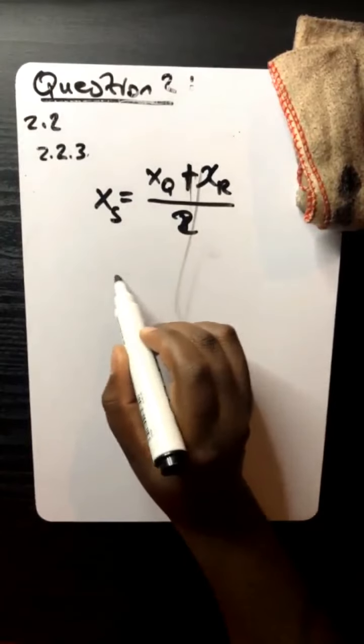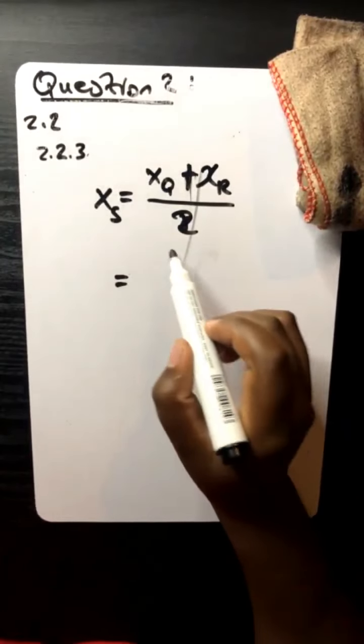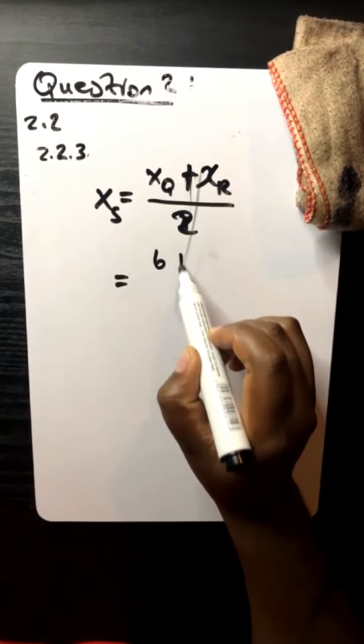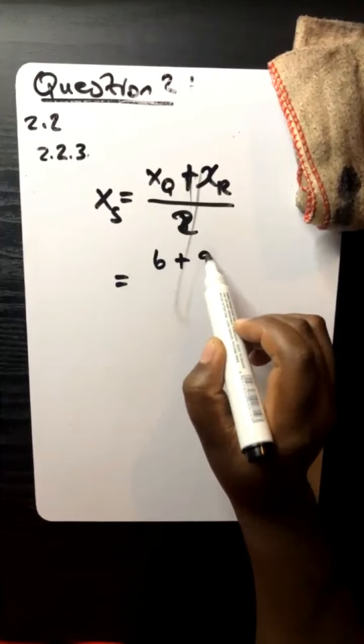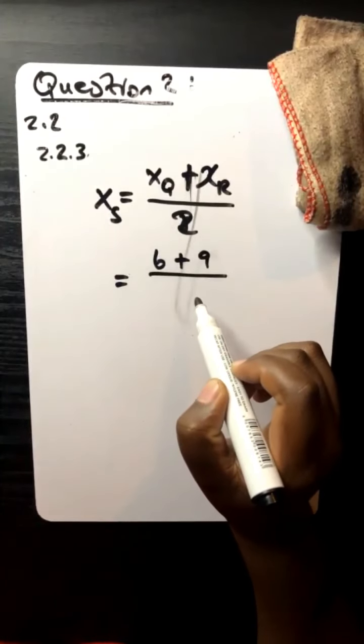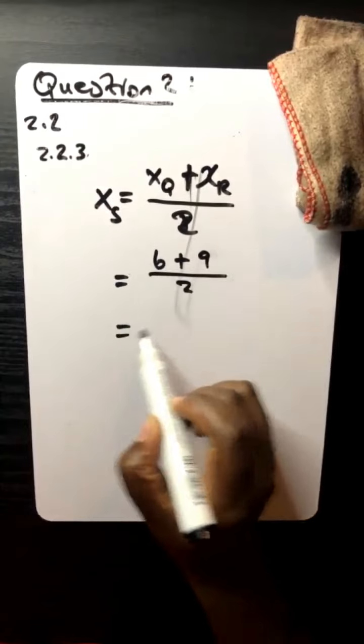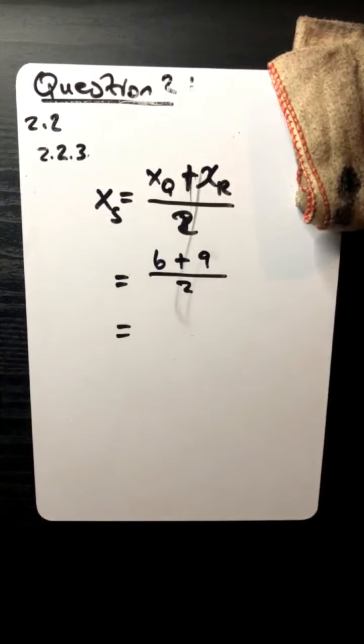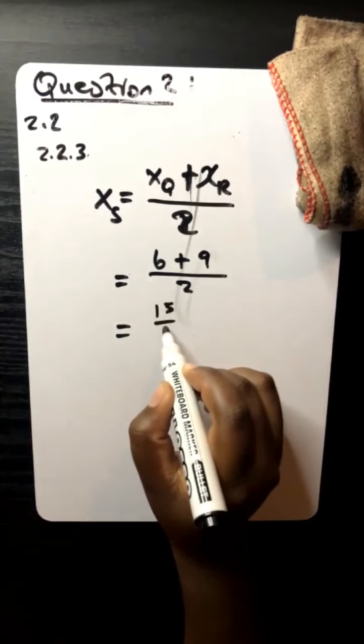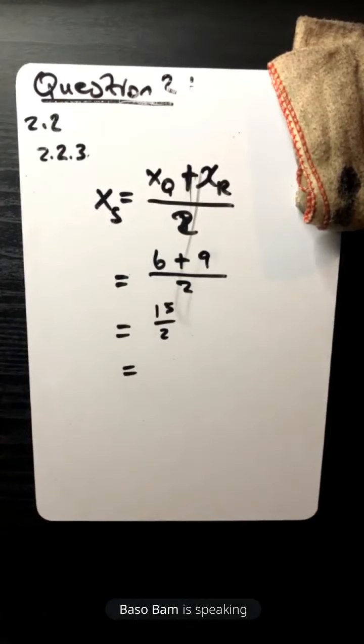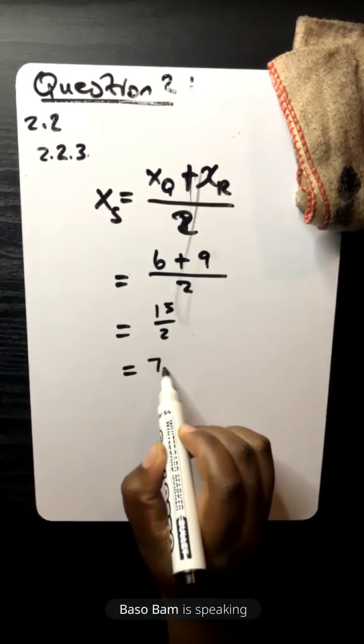So let's see. The x value for Q is 6 plus the x value for R is 9, divided by 2. Then what is that when you punch it on a calculator? 15/2, sir. What is 15/2? 7.5, sir.